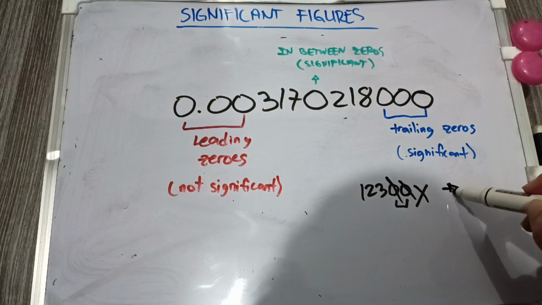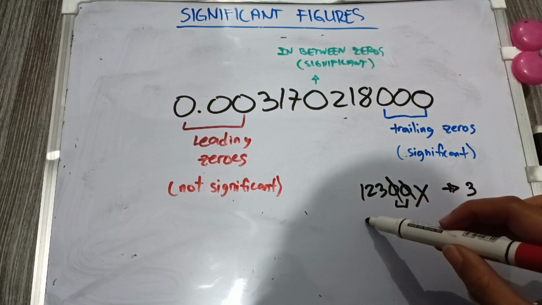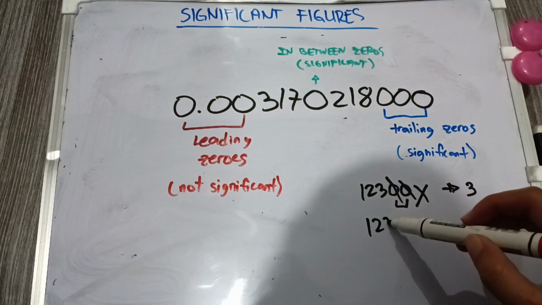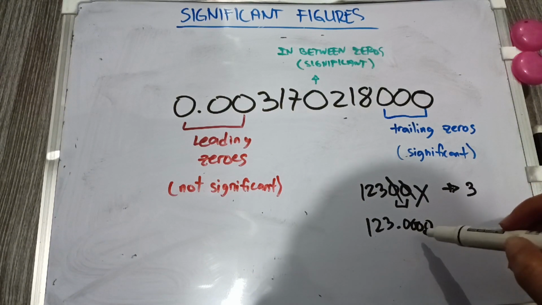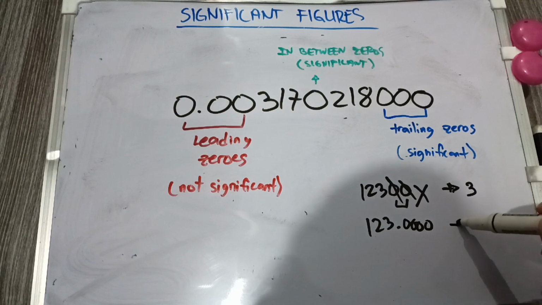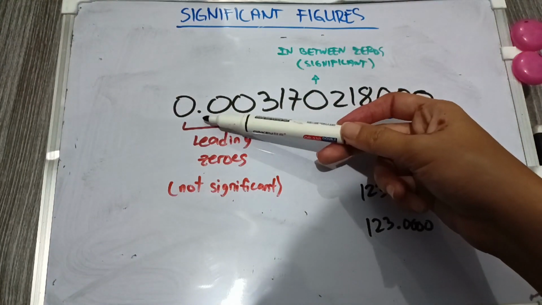So this only has 3 significant figures. But if it has a decimal point, all the zeros in here are counted. As the condition says, trailing zeros are significant if there is a decimal point.